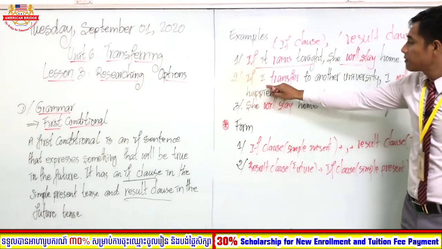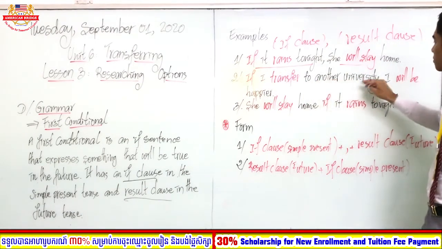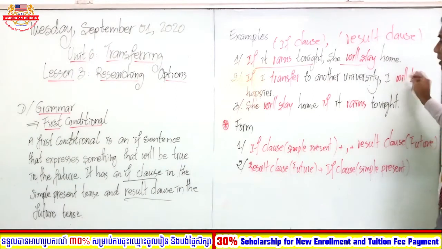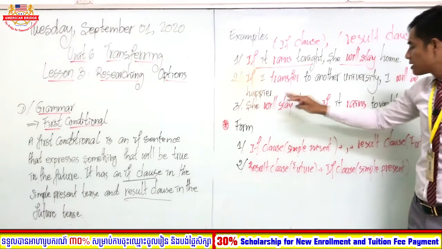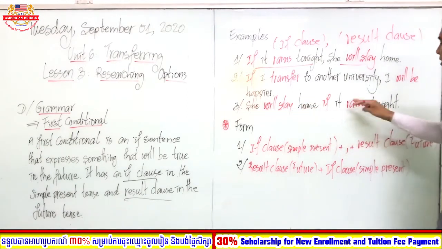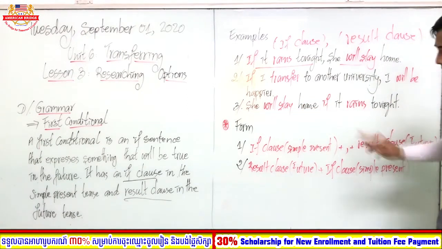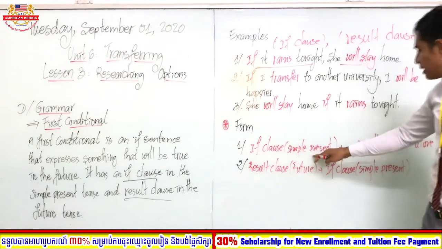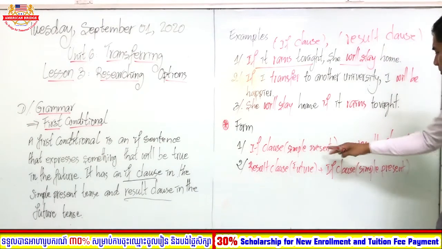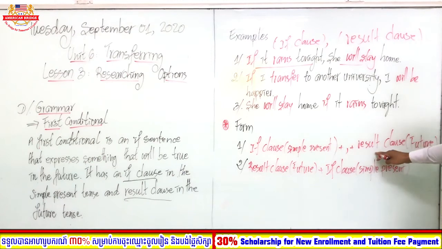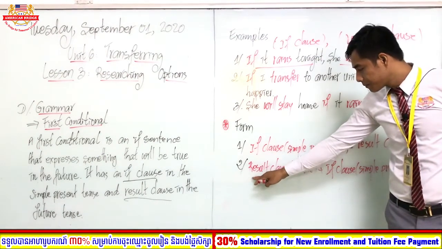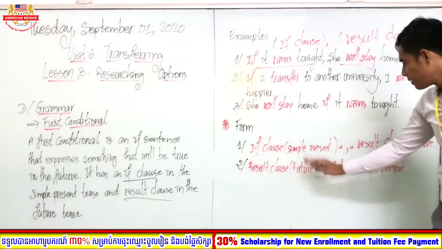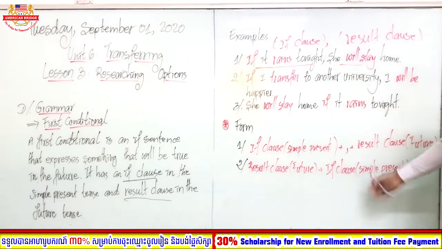If I transfer to another university, I will be happier. She will stay home if it rains tonight. The form is the if clause in simple present plus comma plus result clause. We can also write the result clause in the future plus the if clause without a comma.